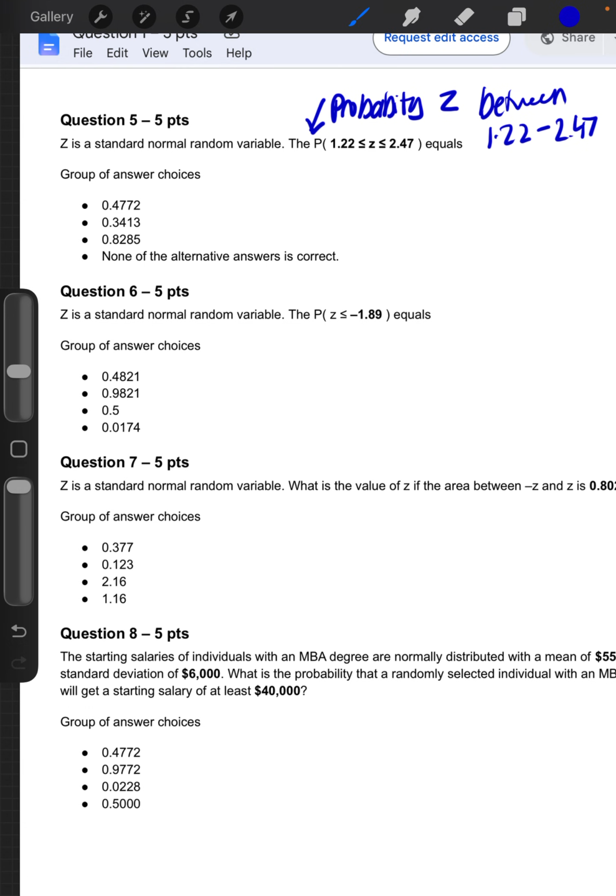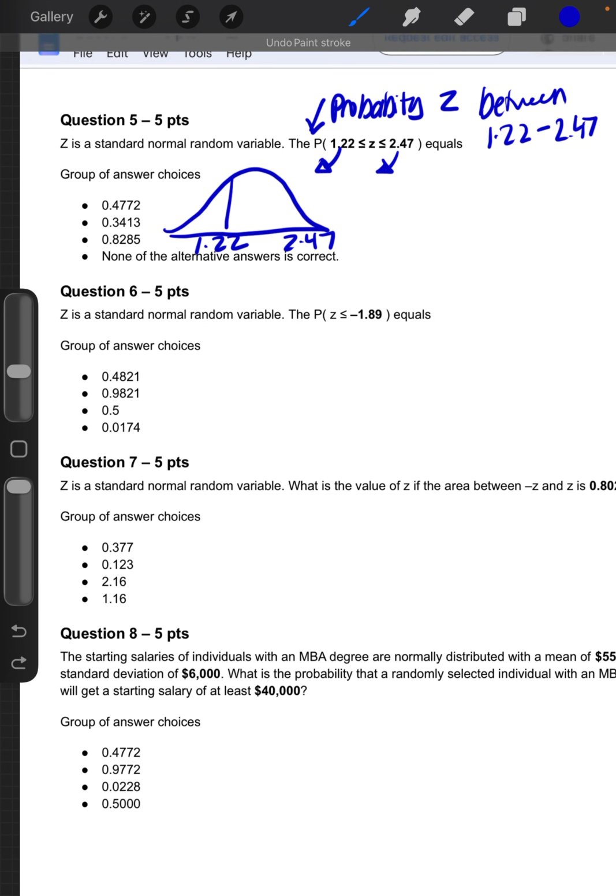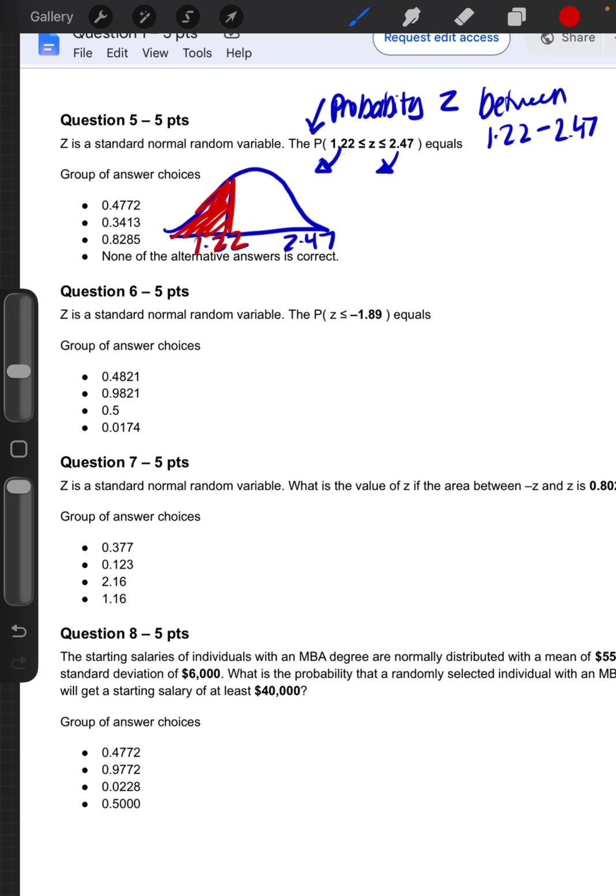So what I would do is find the area between these. The 1.22 and 2.47 is telling us the area. I'm going to change the color. So red would be 1.22, and then green would be 2.47.